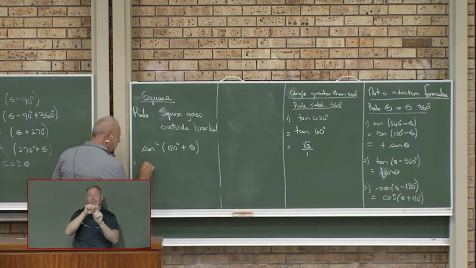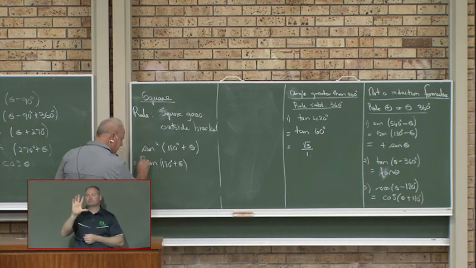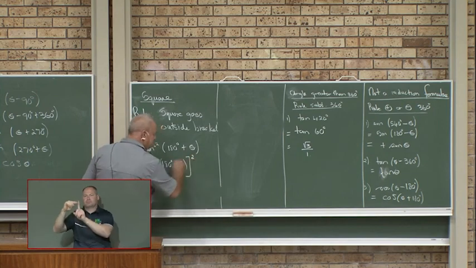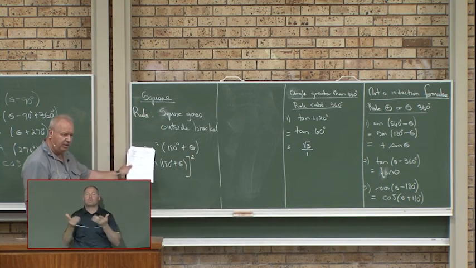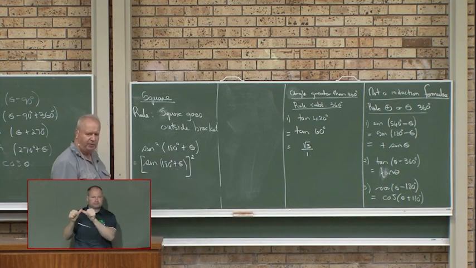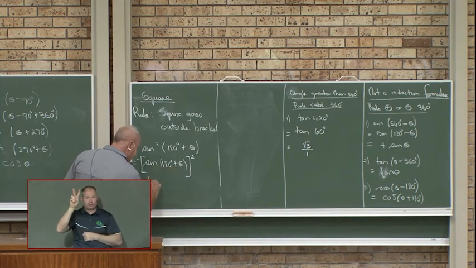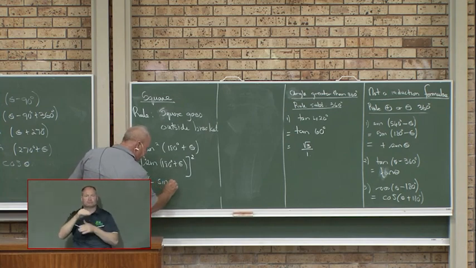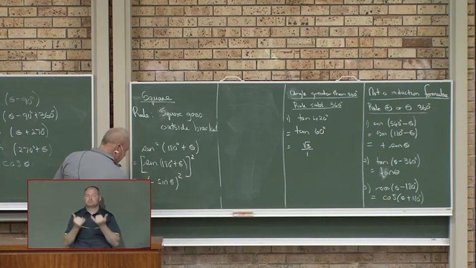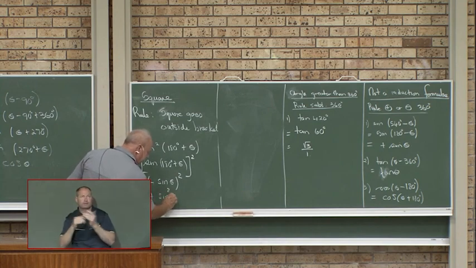So what we're going to do is we're going to say it is the sine of 180 degrees plus theta, and we said the square goes outside the brackets. Instead of the square there, we keep it as the sine of 180 degrees plus theta, the square goes outside the brackets. Now, this here is in the third quadrant, sine is negative sine of theta, and then we square it. Negative squared is positive sine squared theta.